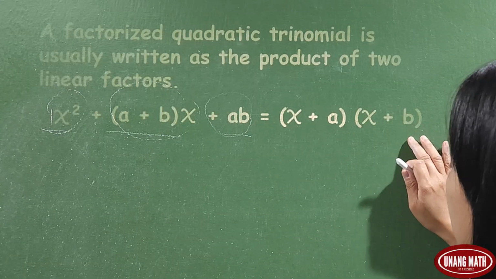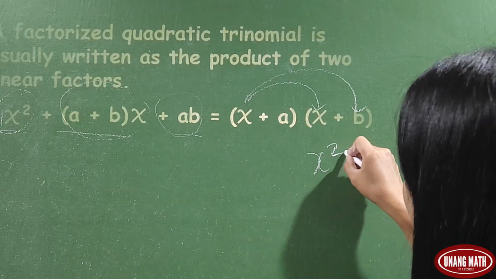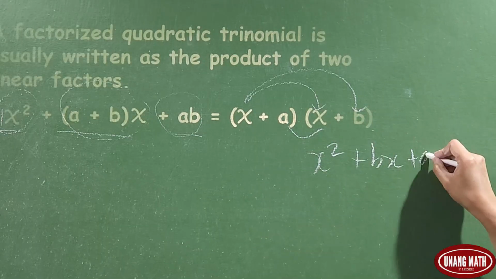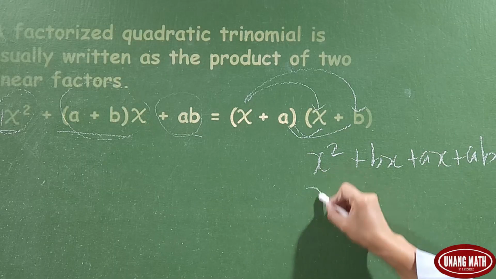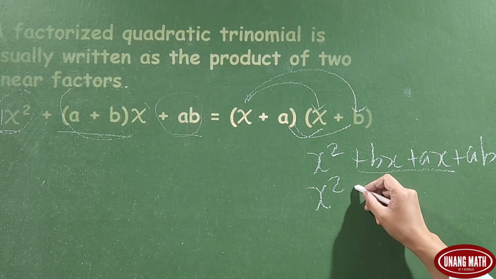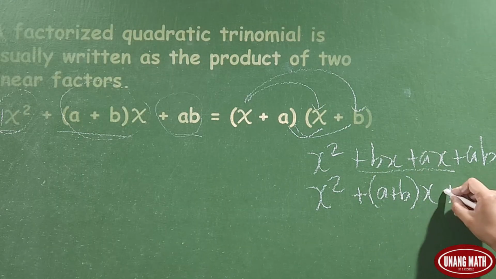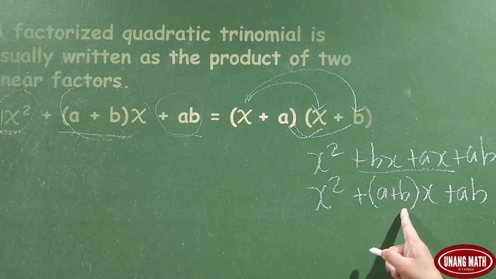If we apply the distributive property, it would be x squared plus bx plus ax plus ab. So this is x squared plus (a plus b)x plus ab. This is the same as this one.